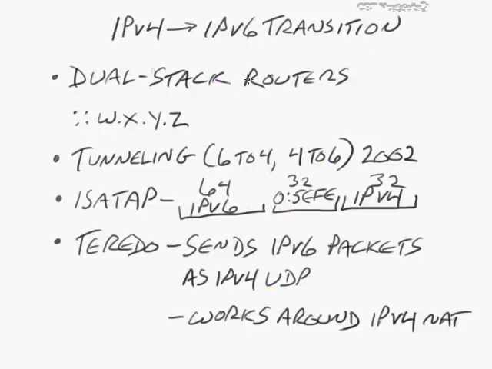Now, moving forward with the public internet and with corporate networks trying to interoperate across WANs and with their other networks and so forth, we've got to figure out a way to transition from IP version 4 to IP version 6.